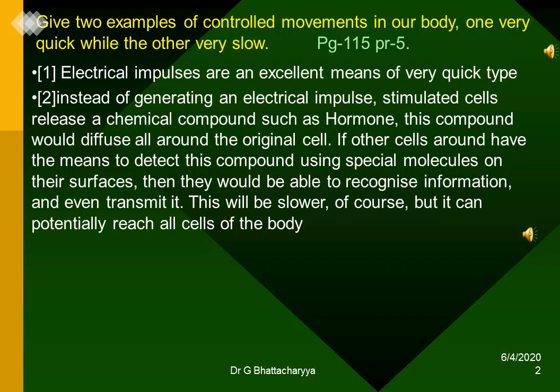This compound would diffuse all around the original cell. If other cells around have the means to detect this compound using special molecules on their surfaces, then they would be able to recognize information and even transmit it. This will be slower, of course, but it can potentially reach all cells of the body.